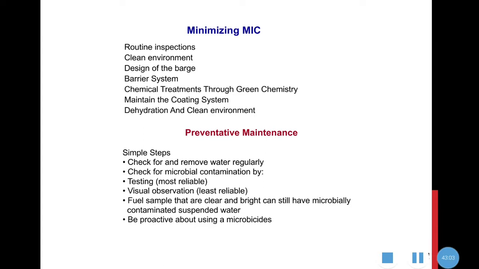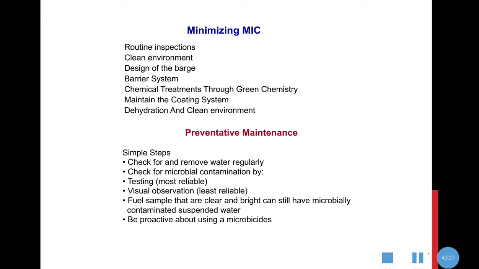So how do we minimize or control the MIC? If you look here, it is by routine inspections, clean environment, design of the brush. Okay, if you remember, when we discuss corrosion control, one of the methods we use is a proper design.